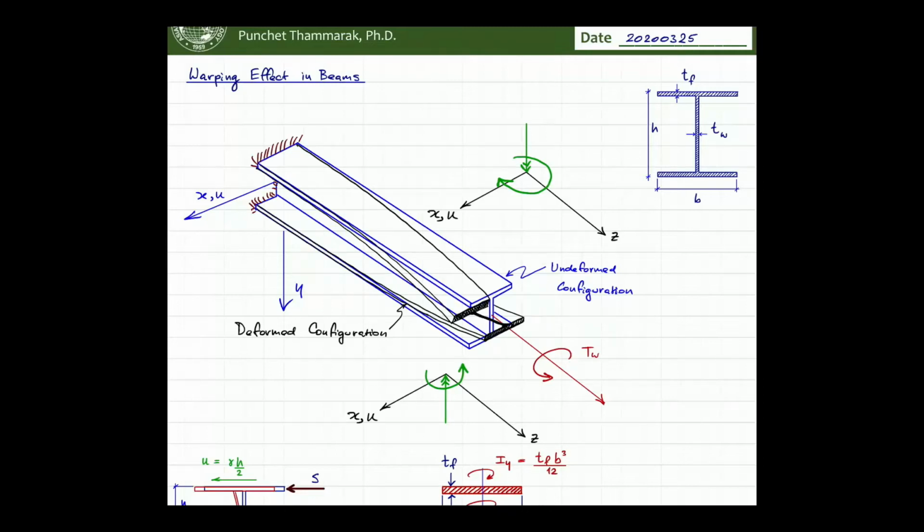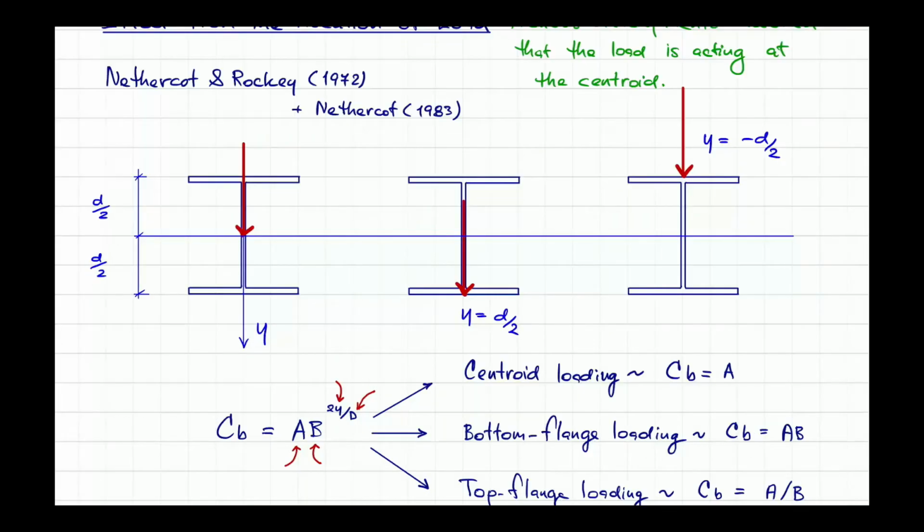We define the Y to point downwards to pick up the deflection. X is pointing in the lateral direction, and Z is along the axis. So as Y is pointing downward, Y is measured from the centroid of the beam.